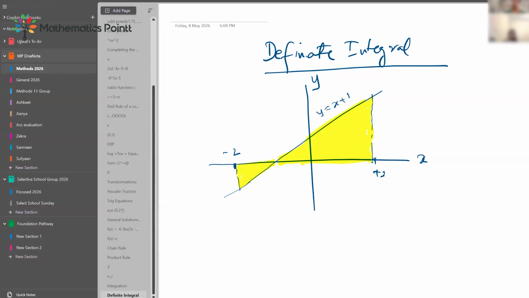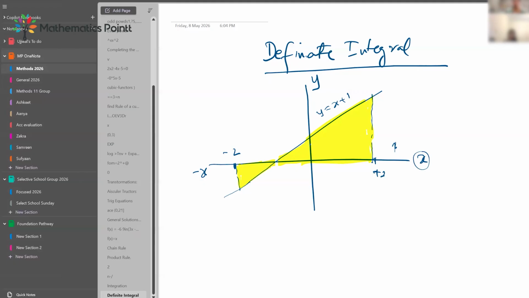Now, when I say under, obviously, when we have the positive x-axis, it is basically under because the graph is over. And when we are in the negative side of x, obviously the area is over the curve, not under. But that's how the graph is. When the graph slides under the x-axis, the area is over, between the x-axis and the graph.